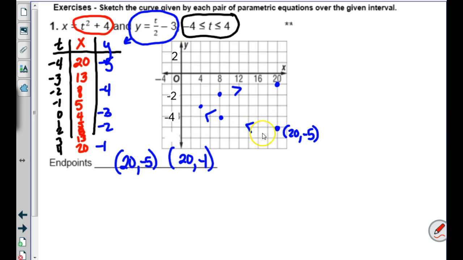Oh, except we should probably practice eliminating t. Okay, how could we eliminate t on this one? Yes, that would be a great plan. So let's make y say, what do you want to do to get the t by itself? Oh, we could, yes.